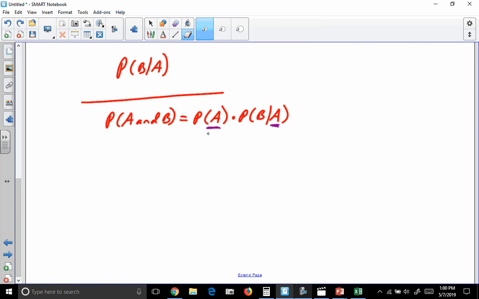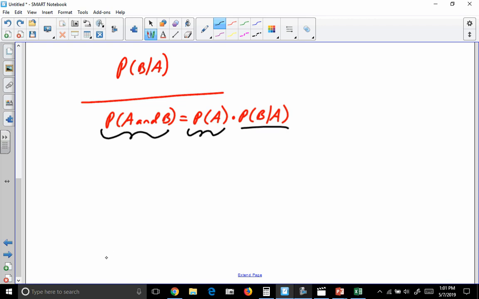So the other probability is based on that condition. Depending on what you're given, we might be told the probability of A and B, and we might be told the probability of one of the events. If we know those two pieces of information, we can find the other one. How would we get this by itself? Well, the opposite of multiplying is to divide.